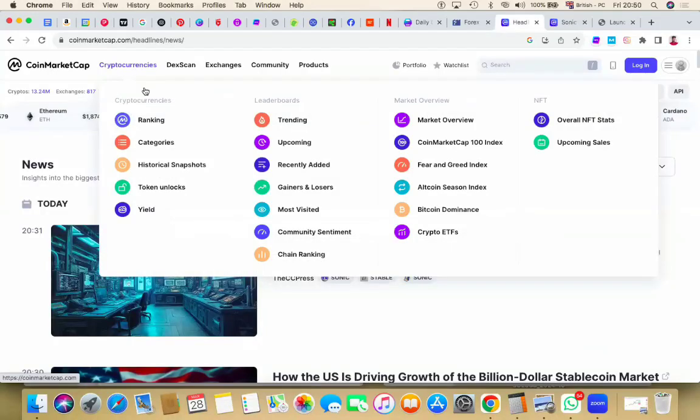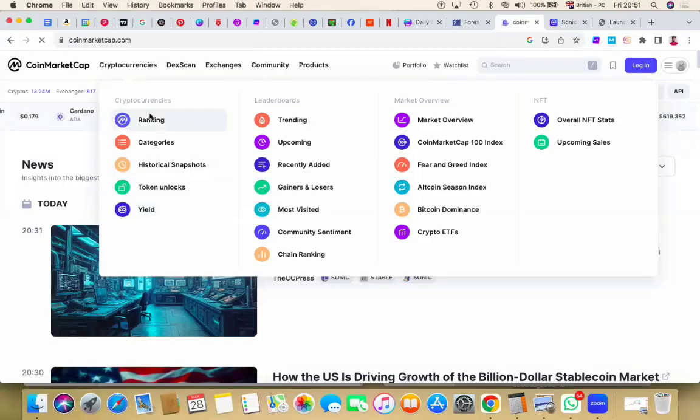Also here we can see the coins and their ranking based on their market capitalization. We can see their categories, history, token unlocks, yield, and all of it. But what we are really interested in is the pairs that we are trading. So if, for example, we were trading, let's go to the rankings.